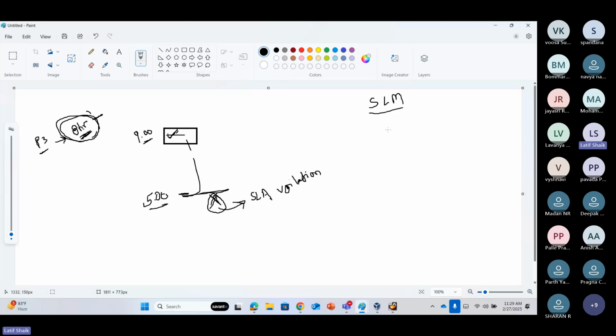Sometimes it is very serious, sometimes not, depending upon the conditions and the terms and conditions also. If you do an SLA violation, the effect on you is very less, but the effect on the company is much higher.